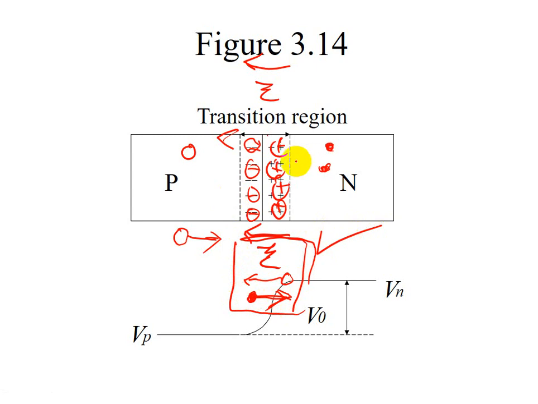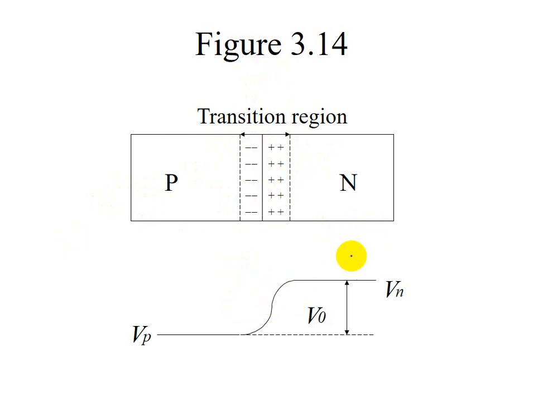So the electrical field you form here becomes an obstacle for the electrons or holes to overcome. So you form a so-called built-in voltage here. This is the built-in voltage.